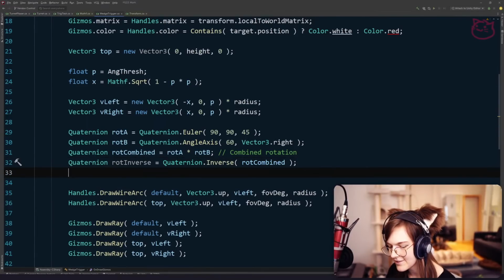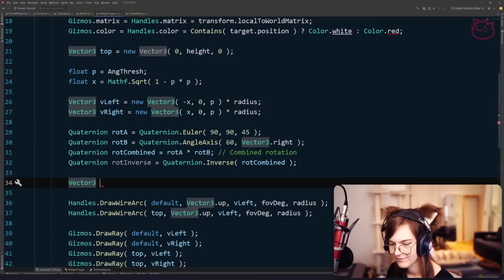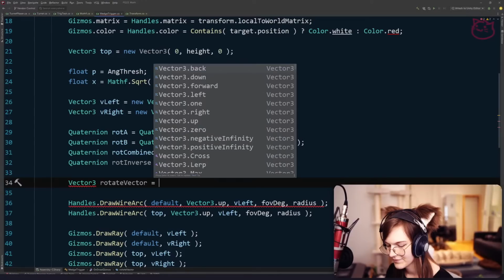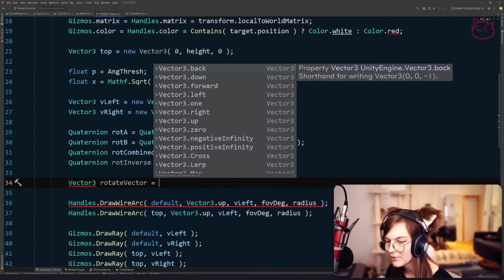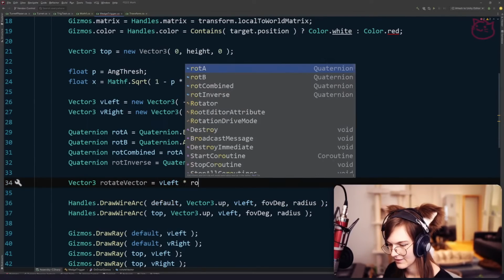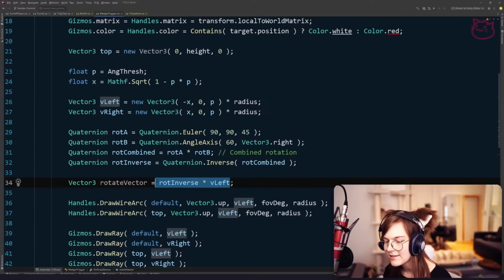Oh, and also, you can rotate a vector by a quaternion if you want. So if you want to rotate a vector using a quaternion, you can multiply a vector by that rotation. Sorry, other way around. You can multiply a quaternion by a vector, and then you get that vector rotated by that quaternion.